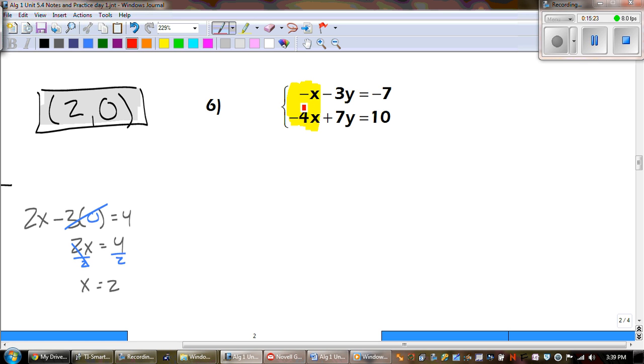Well, they're both negative, right? So I need that number to be negative. This is a 1, and I need it to be 4. So I'm going to multiply by -4. Now, you guys are in charge of the rest of the equation. You can do it. Pause the video, and good luck.